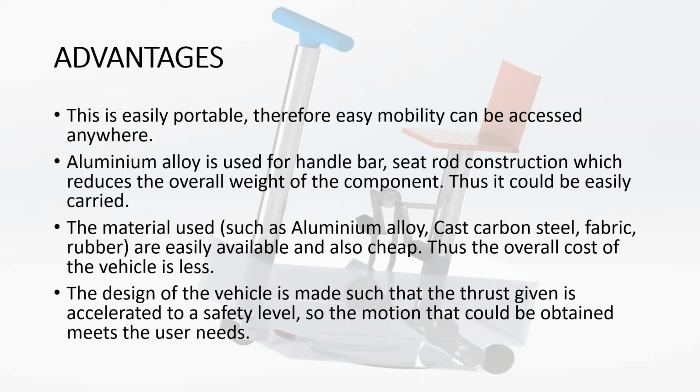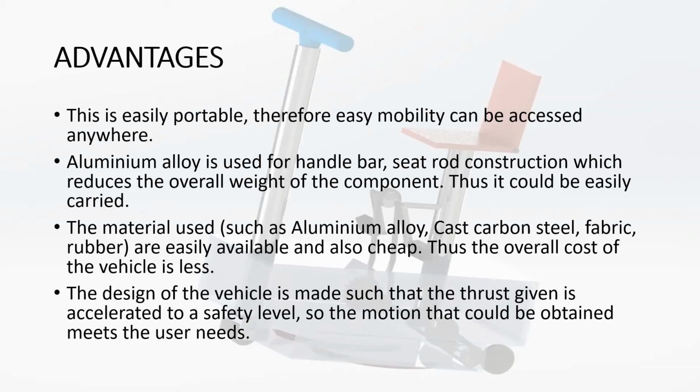The main advantages of this design are that it is easily portable, therefore easy mobility can be accessed anywhere. Aluminium alloy is used for the construction of the handlebar, the seat rod, and also the handle rod. Thus, the overall weight of the component is reduced and it could be easily carried from a place to another.